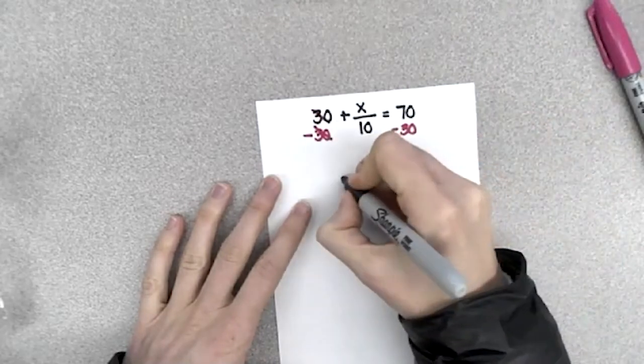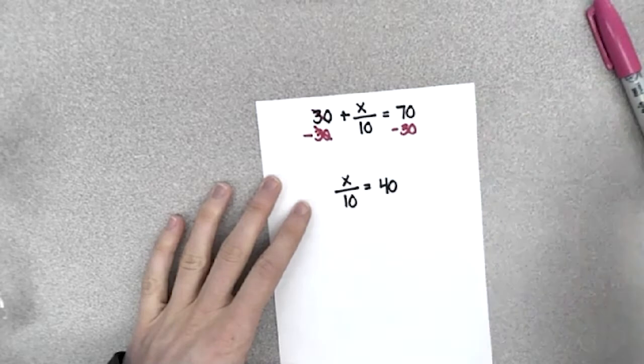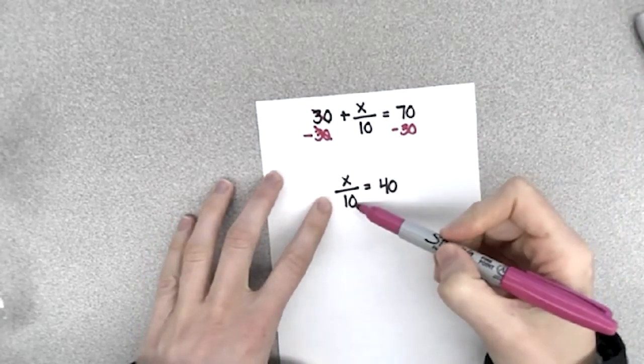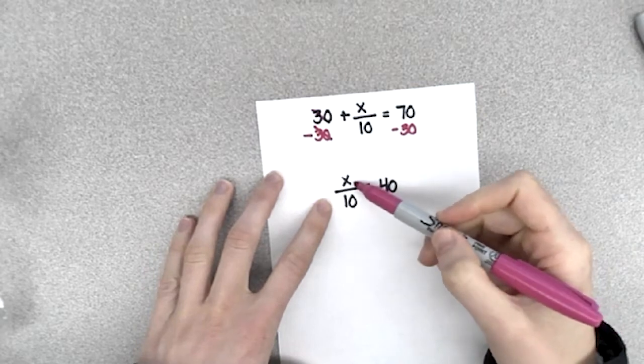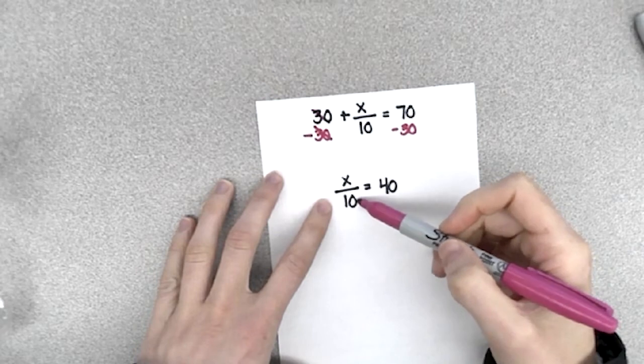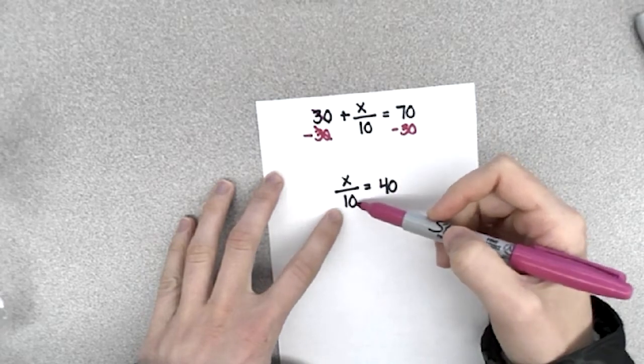And now I have x divided by 10 is the same as 40. All right, when I have a division on one side, when I'm dividing by 10, and I need to get x alone, I need to do my opposite. I need to multiply. Now, I'm not going to multiply by x because that wouldn't get me x alone. I'd still be dividing by 10.